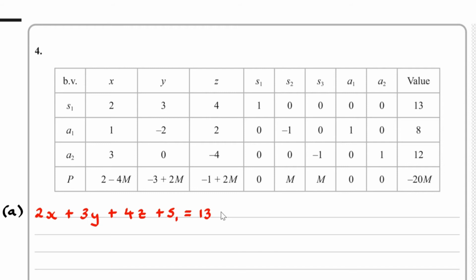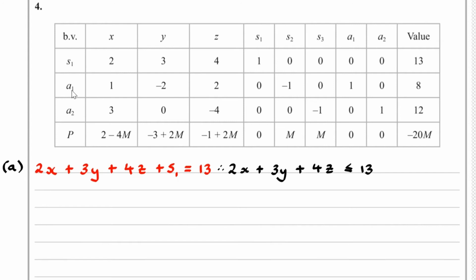And if we write this as an inequality, we would have 2x plus 3y plus 4z is less than or equal to 13.